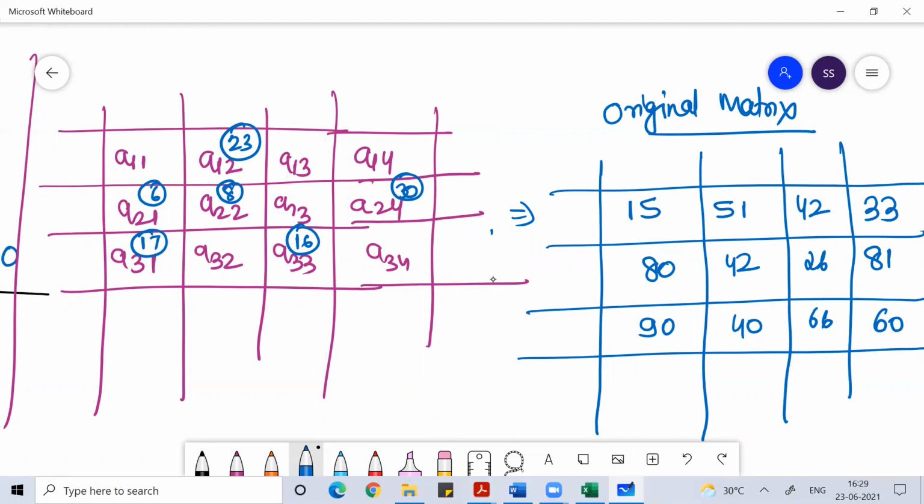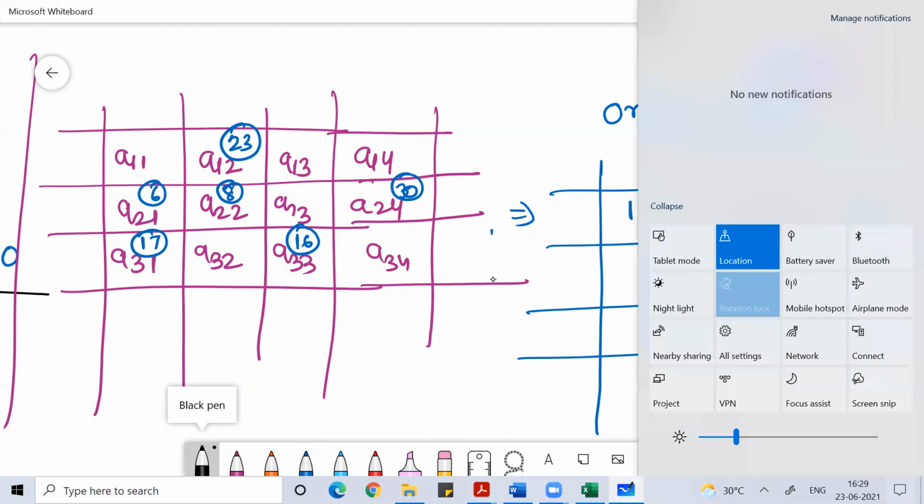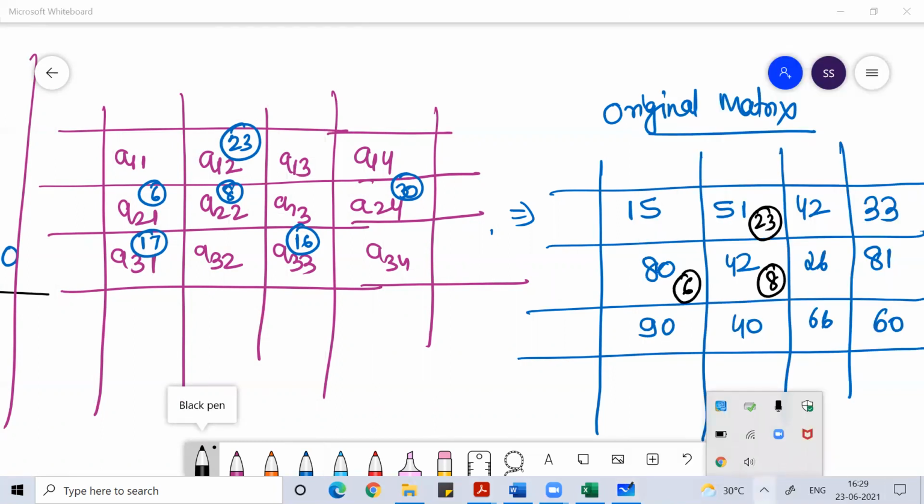And if I talk about allocation, this should be 23, this would be 6, this would be 8, then this is 30, then this is 17, then this is 16.